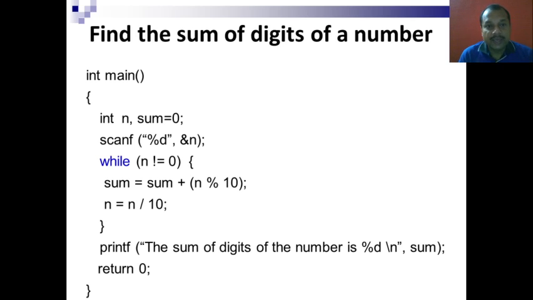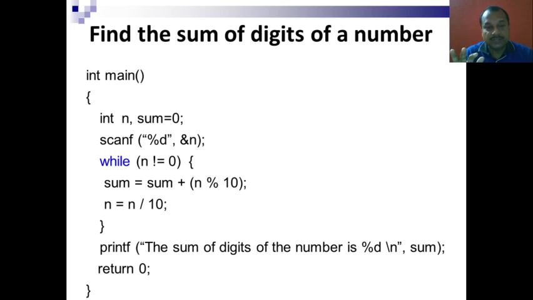Because n is an integer variable, if n equals n divided by 10, then the division will be integer division. 1234 divided by 10 will evaluate to 123, not 123.4.